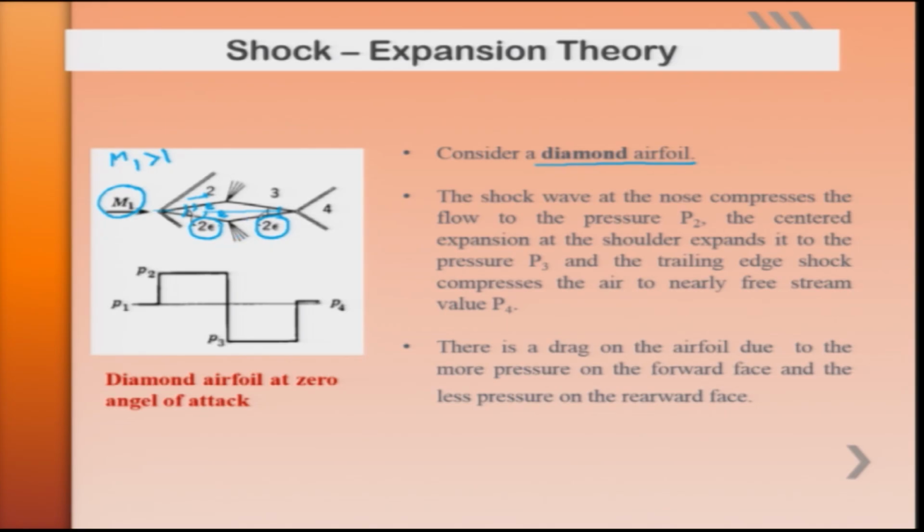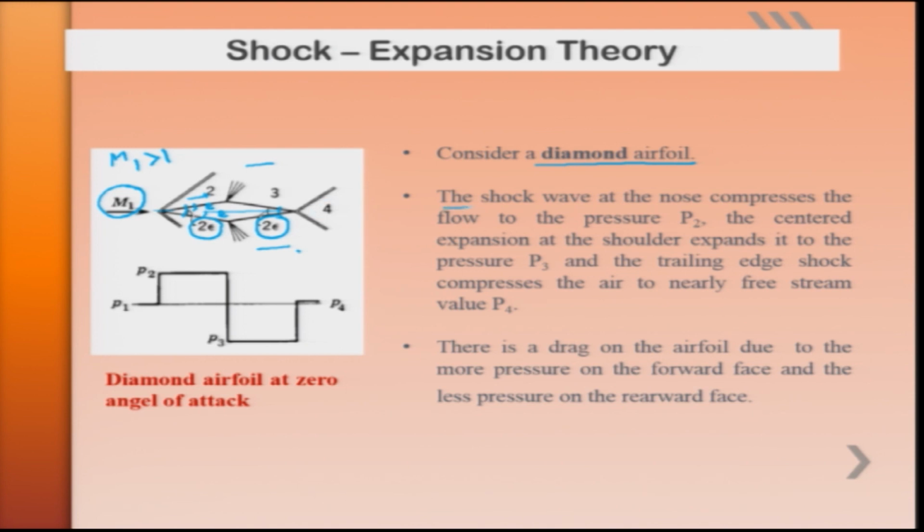When we call this an airfoil, let us designate a lower surface and upper surface, or the pressure surface and suction surface. Now, let us denote this zone 1, this zone 2, and this zone 3, and finally this zone 4.